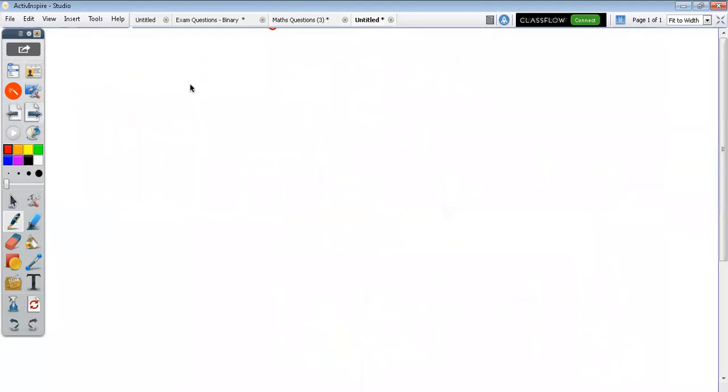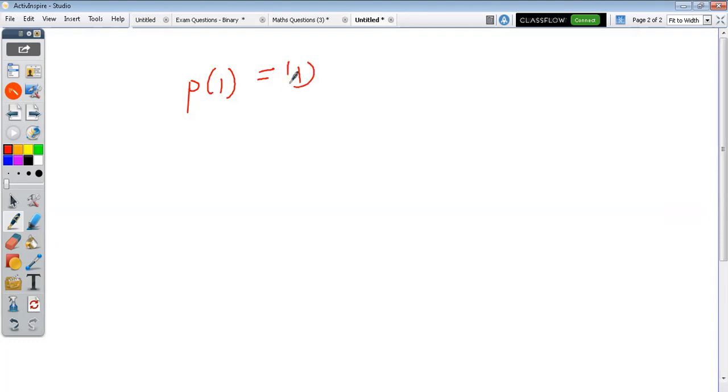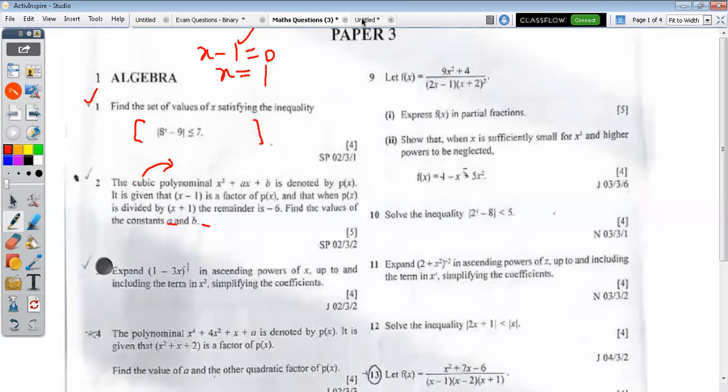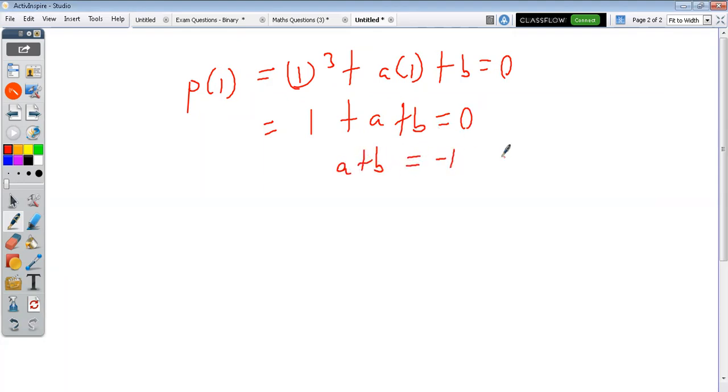So now we're saying p of 1, we plug 1 into that expression: 1 to the power of 3 plus a brackets 1 plus b should give me 0. So that's 1 plus a plus b should give me 0, which means a plus b is equal to minus 1. I have my first equation. Is that making sense?